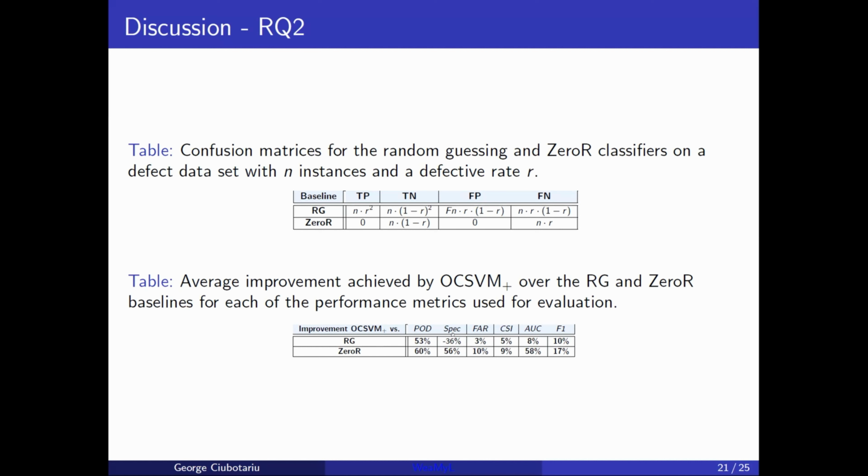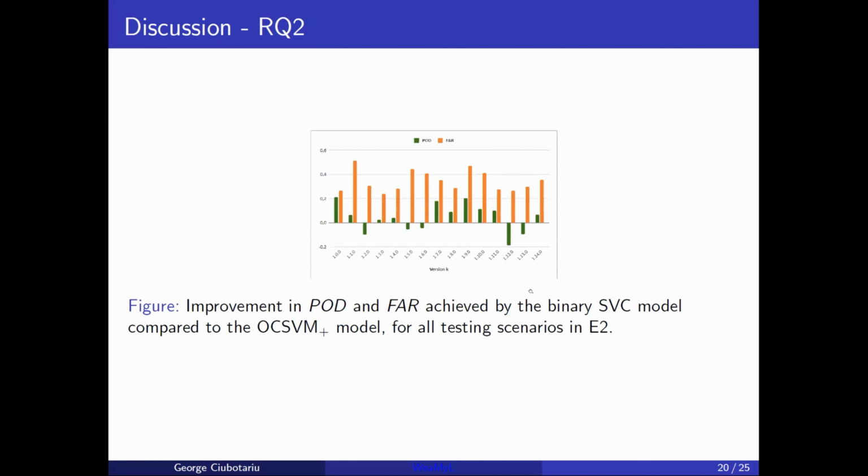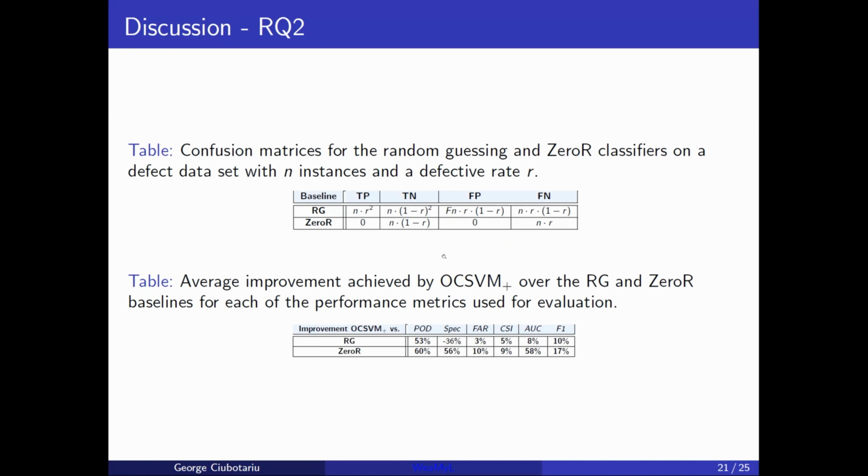However, the specificity is better with minus here, because as we saw previously, there were some problems with the false alarm rate, and it may be a little bit worse than random guessing in some cases. However, it is significantly better overall. So it passes this hypothesis, and this is our answer to research question 2.